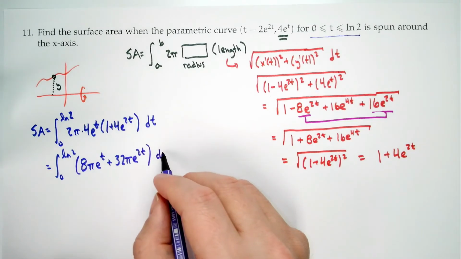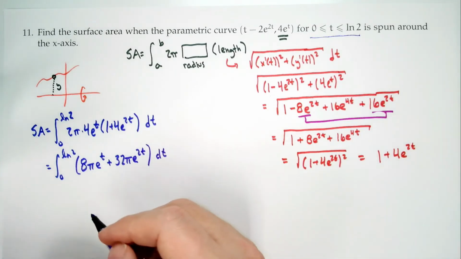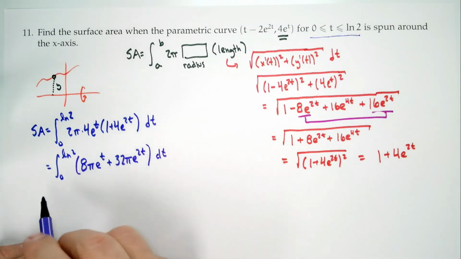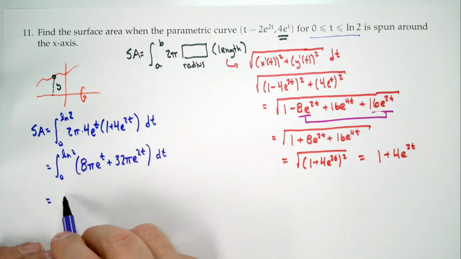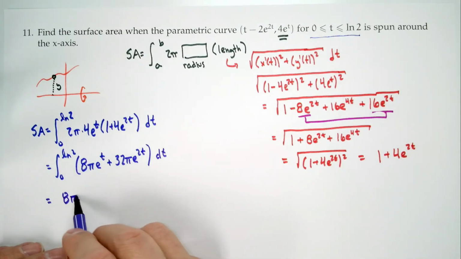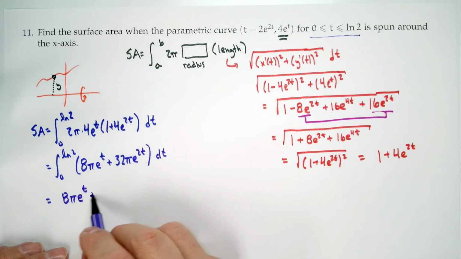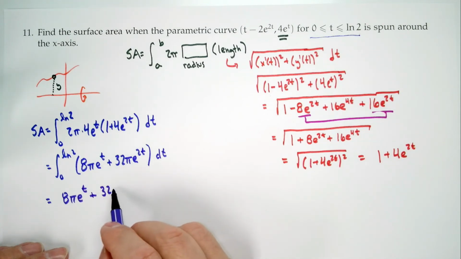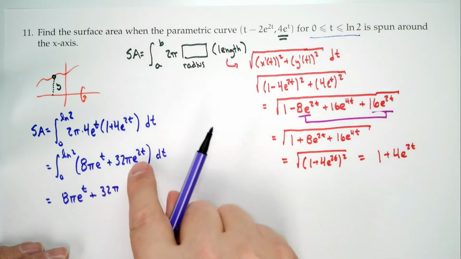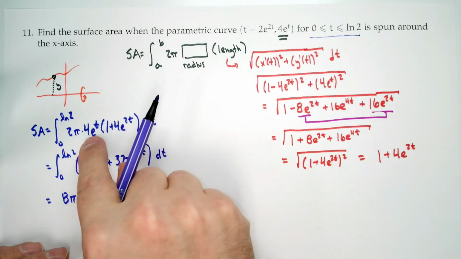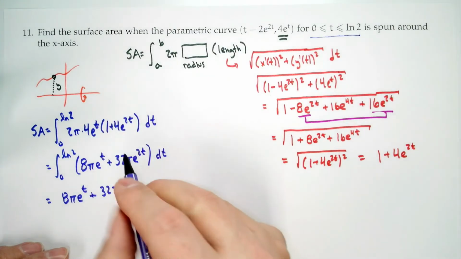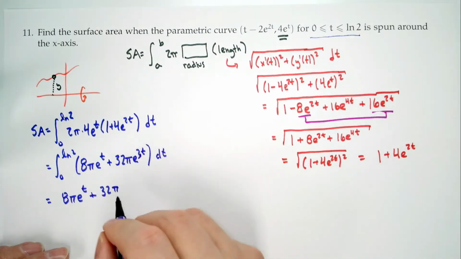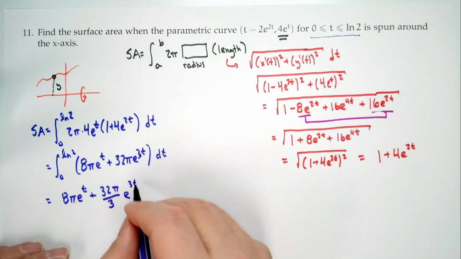So we just went with it, dt. And these are both very straightforward things. So what do we end up with? Well, we end up with 8 pi e to the t plus 32 pi, whoops, e to the 2t, that's not e to the 2t, right? Because it's e to the t times e to the 2t. Ah, this should be a 3t. So 32 pi over 3 e to the 3t.